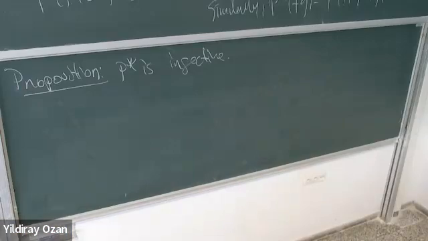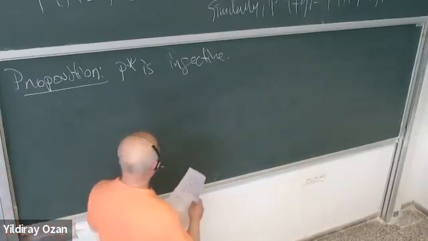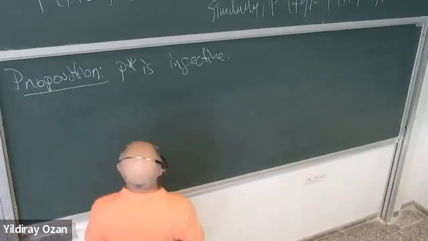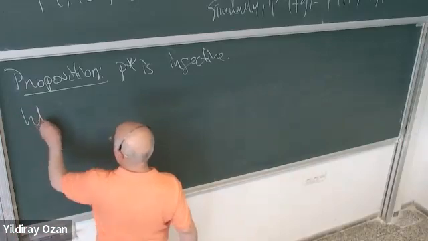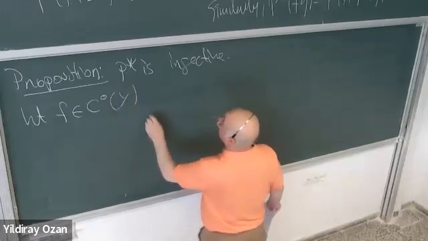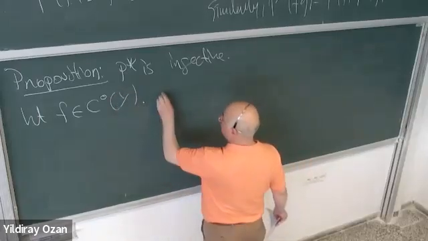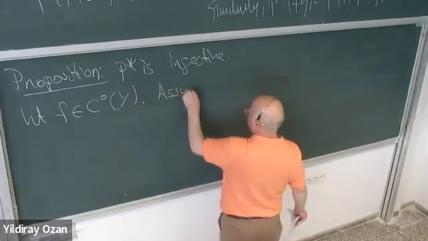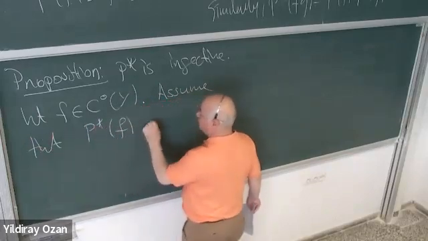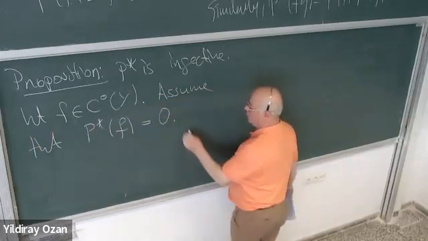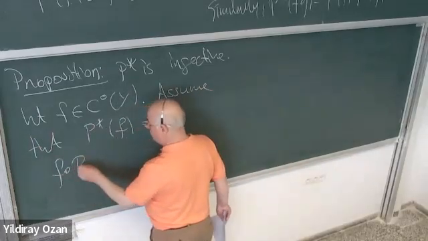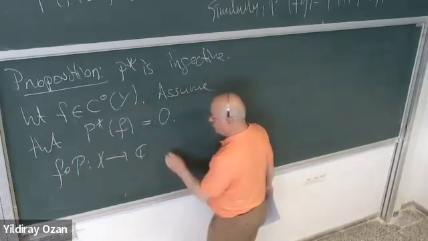Let me put it this way. Let f be a continuous function on Y. Assume that p star f is the zero function on X. So this means what? f composition p from X to C is the zero function.